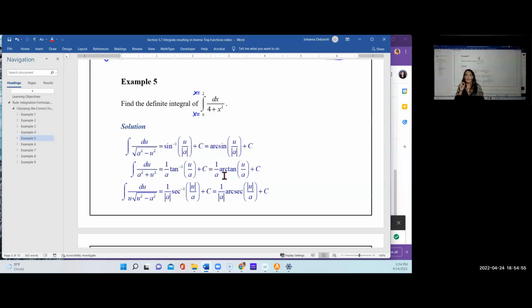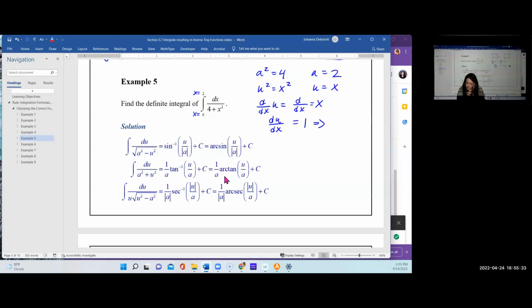Now let's take a minute and substitute each part. Again, we have a squared equal to 4, which means that my a is equal to 2, just as we've been doing. My u squared is equal to x squared, which means my u is equal to x. Then I can take the derivative with respect to x of both sides of the relating equation u equal x to get du dx equal to the derivative of x with respect to x, which of course is just 1.